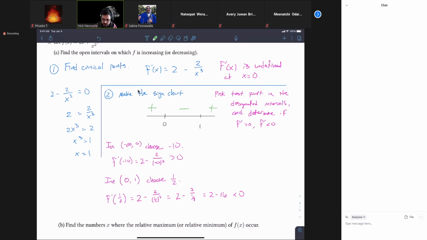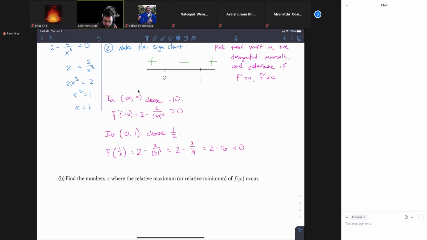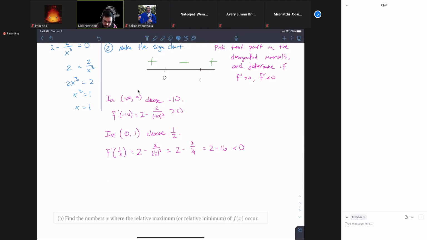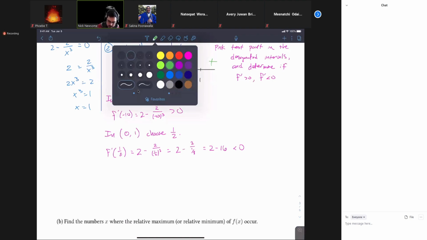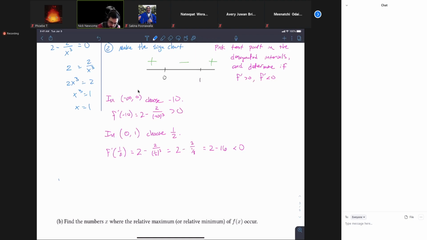I need to move this. So when all is said and done, we can say that f is increasing where this derivative is positive, so minus infinity to 0 union 1 to infinity.